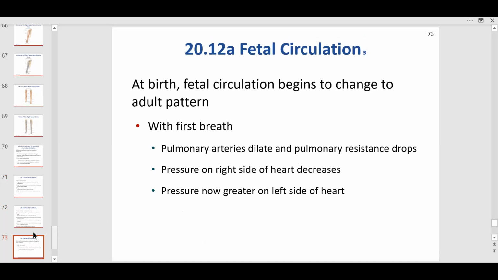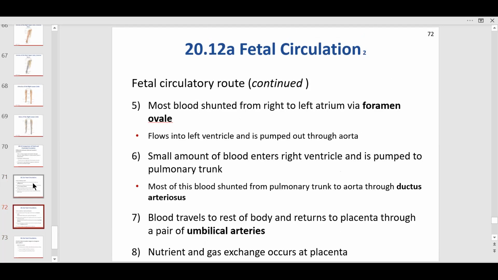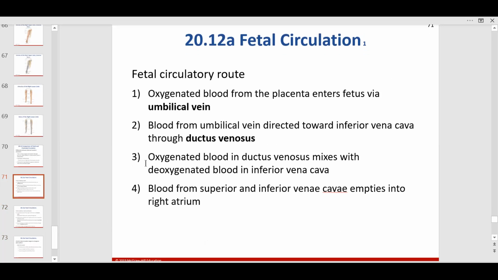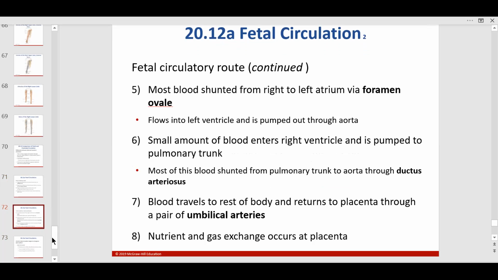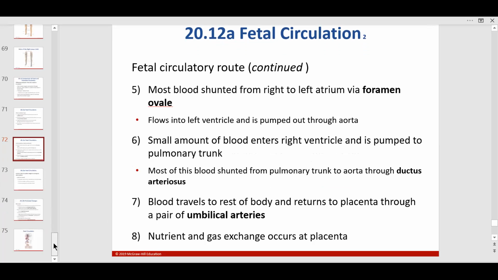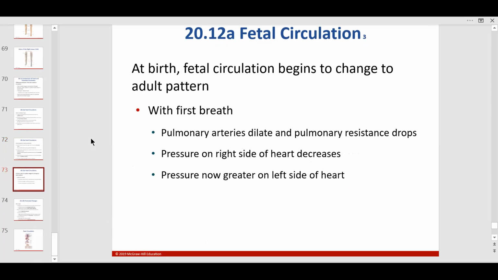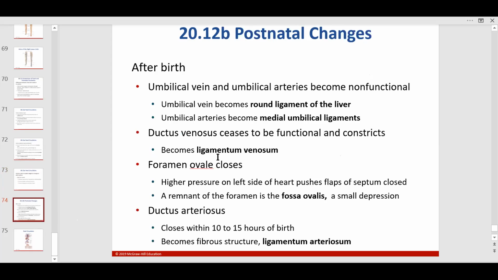Let me see the ligamentum arteriosum. So yeah, this is the ductus venosus. You should know that. Maybe we'll get a picture of that somewhere. Here it is. So the ligamentum arteriosum is between the aorta and the pulmonary trunk.